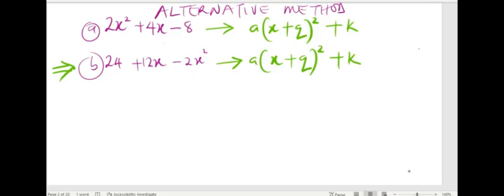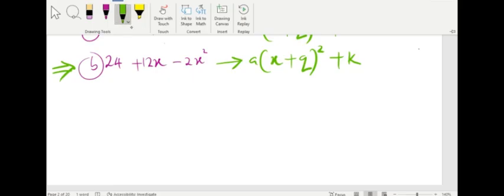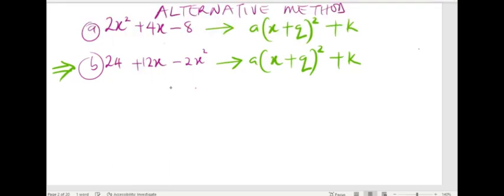What we do is simplify the right-hand side. In this question, we have both the left-hand side and the right-hand side, and we compare.